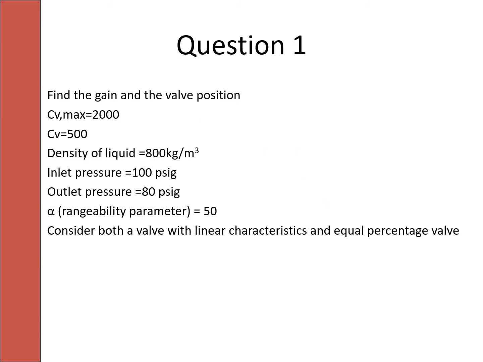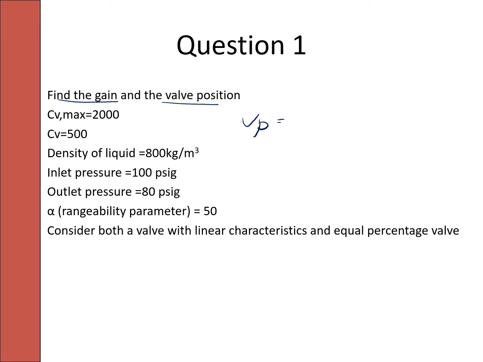Okay, so now we try to do question number 1. Just now you already saw all the equations related to each term. Right now we try the example. The example wants us to find the gain and the valve positions. From the previous topic, we learned to calculate the valve position.